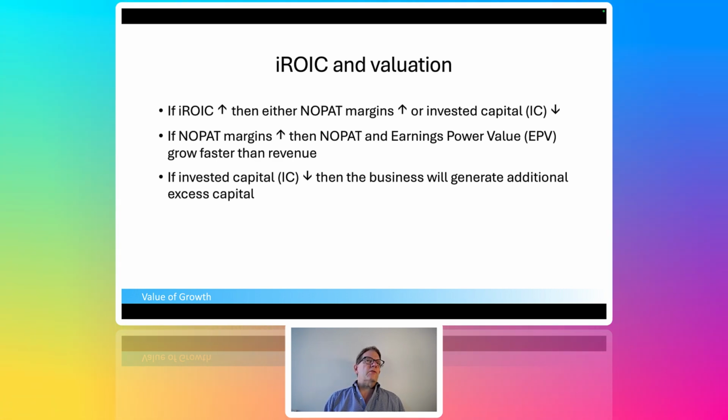And if NOPAT margins are increasing, that means NOPAT's growing faster than revenue, which is important. Investors like that, obviously. It's not sustainable forever, but that certainly increases valuation. Or it's possible that incrementally the company does not have to invest as much money to generate incremental growth in earnings, which is usually from scale, some form of scale.